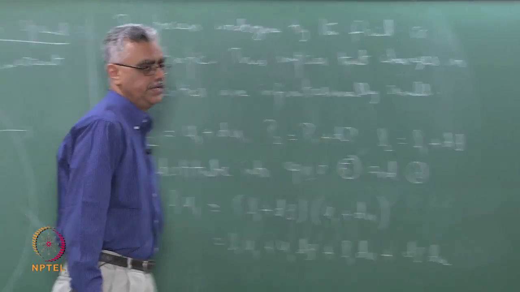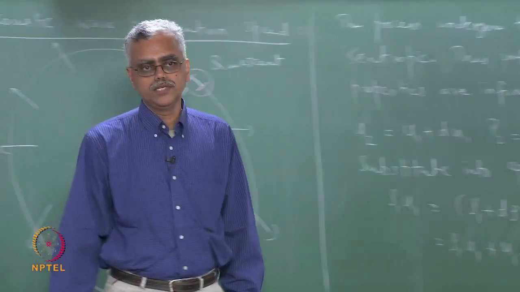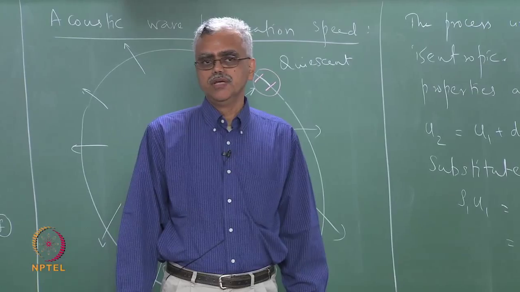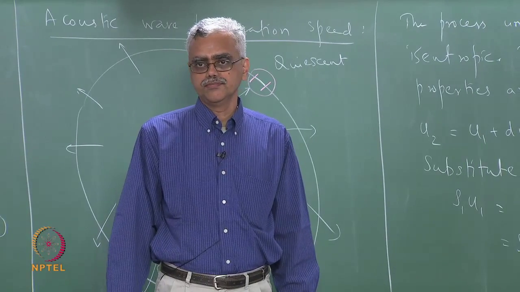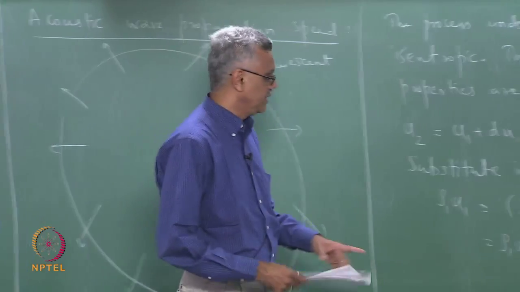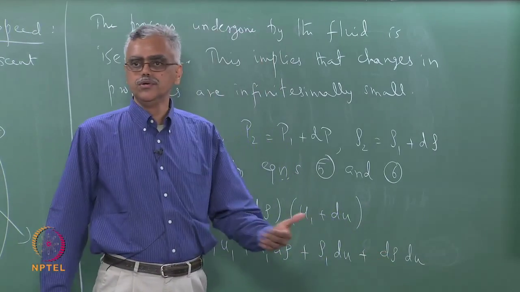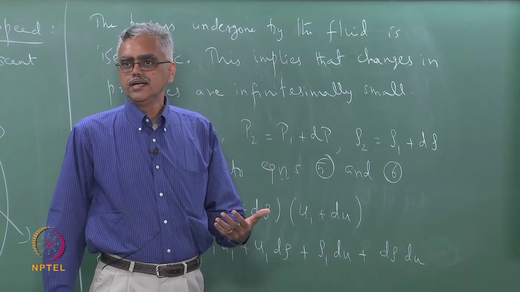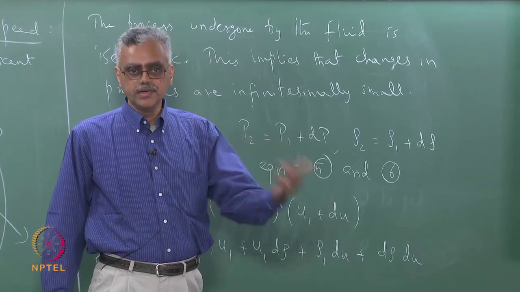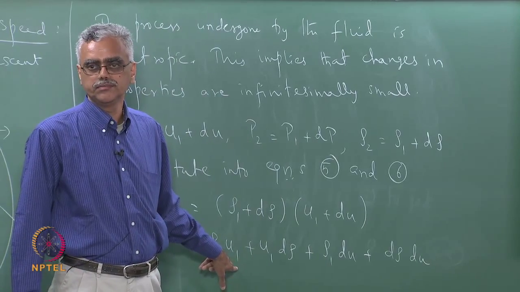d rho du. When I say that d rho and du are small quantities, what I mean is they can be, let us say, 10 to the minus 5, for instance. If d rho and du are of the order of 10 to the minus 5, then the product d rho du is going to be of the order of 10 to the minus 10, very very small compared to the other terms in this equation, correct.